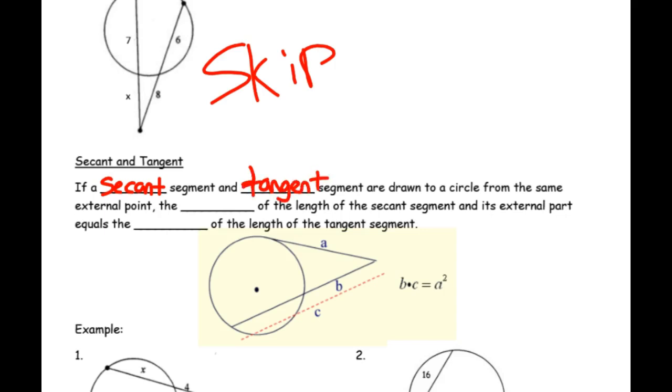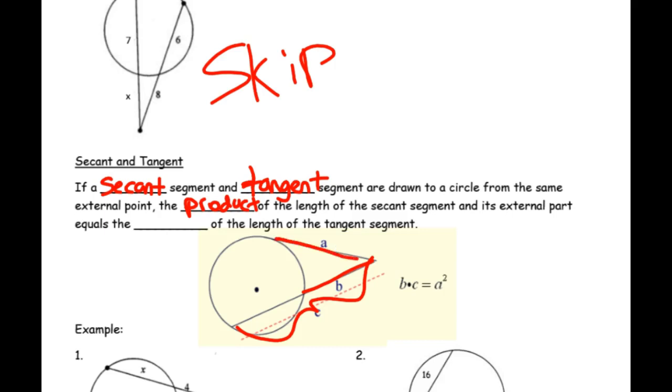You might see it in the picture. One of these is like what we just did, but A is a tangent, okay? So if you have those two, it says the blank of the length of the secant segment and its external part. This is once again the product, just like the last one we did. You're going to do the outside times the whole thing equals the blank of the length of the tangent, okay?